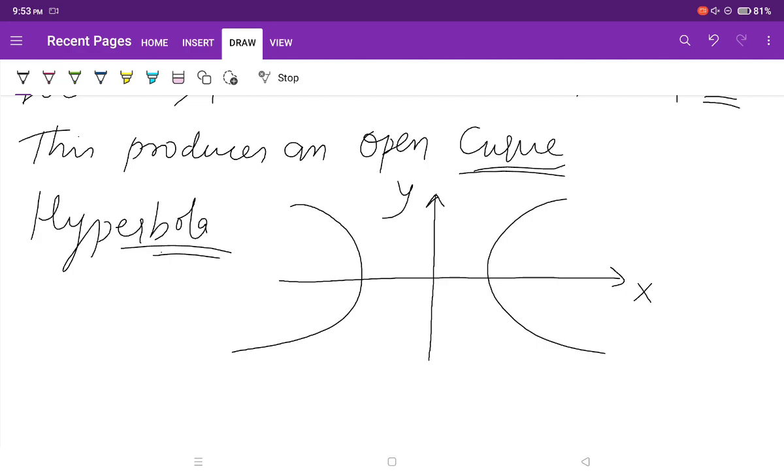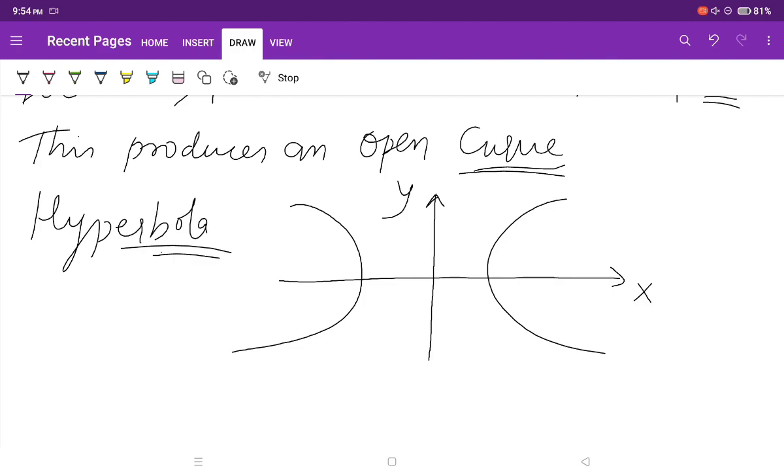Now, why does being closer to the focus produce an ellipse, while being farther from the focus produces a hyperbola? This is all because of a simple ratio, that is eccentricity.